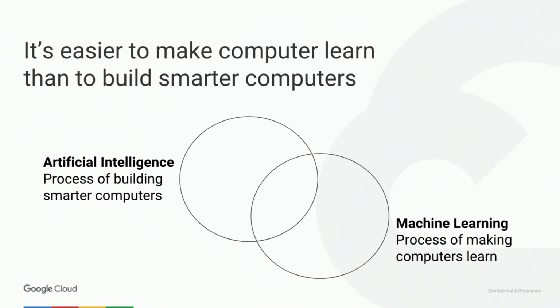So AI is actually the umbrella term. That is like the process of creating smarter computers. But machine learning is the process of making computers learn by example, learn by data. And there's an observation that it's actually much easier to let a computer learn based on its data than to build an actual smarter computer program.